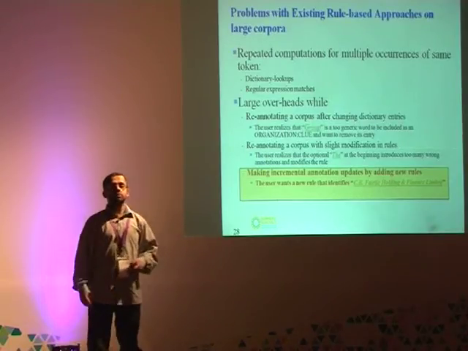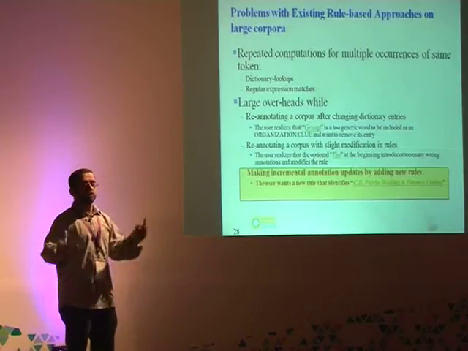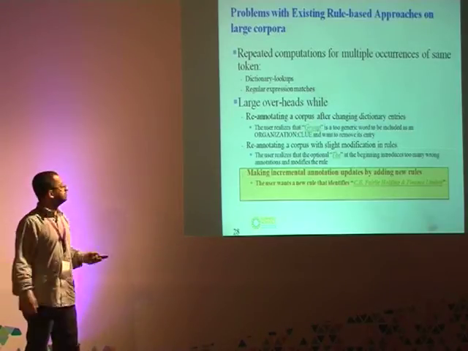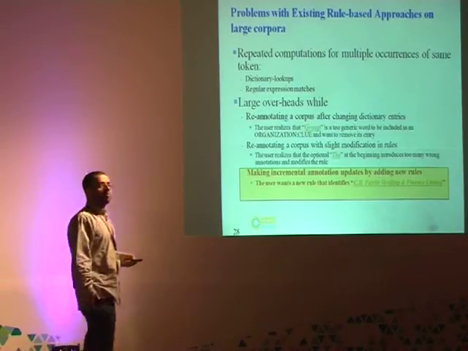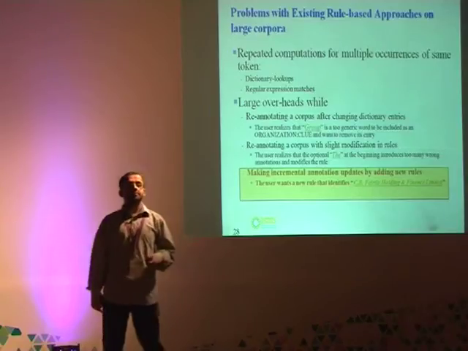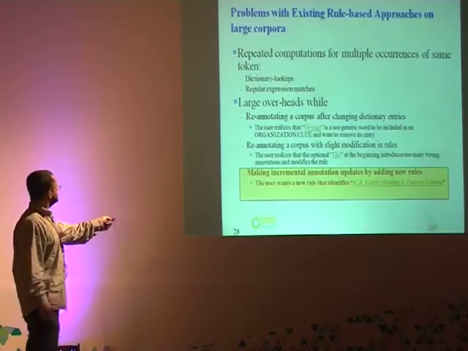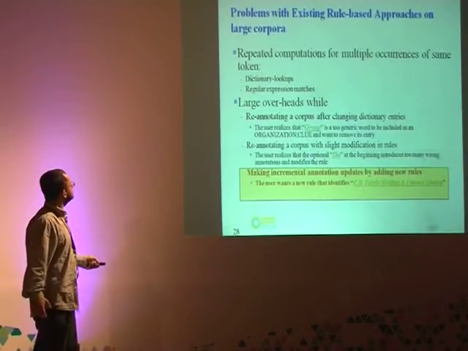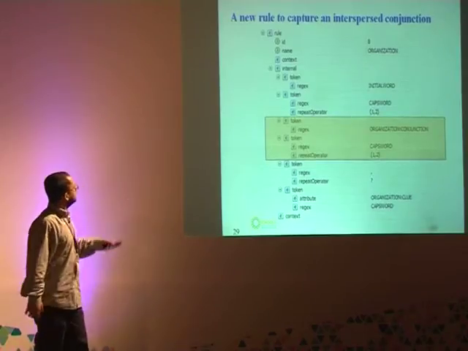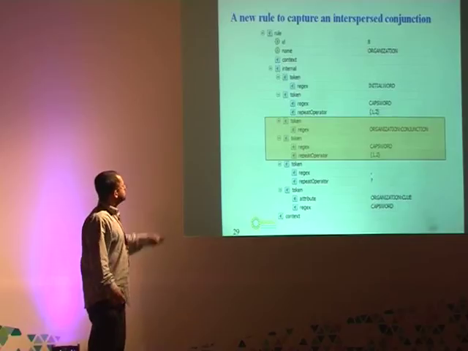You might want to expand an existing rule or create a copy of the existing rule or feature, and it might be more sophisticated, but yet could make use of the processing that the previous rule was doing. So here's an example. The user wants a new rule that identifies C.B. Fairly Holding and Finance Limited. And what basically the additional entries that are required are this conjunction in the middle.